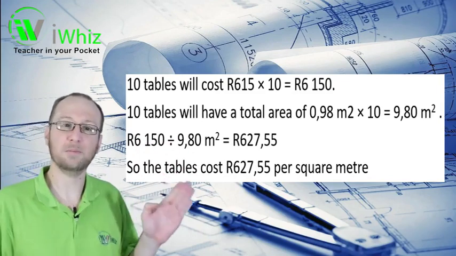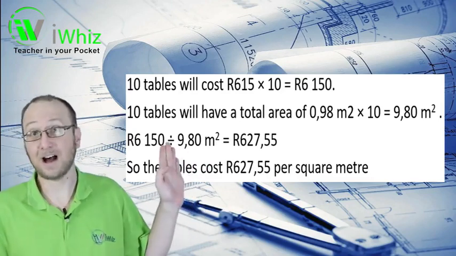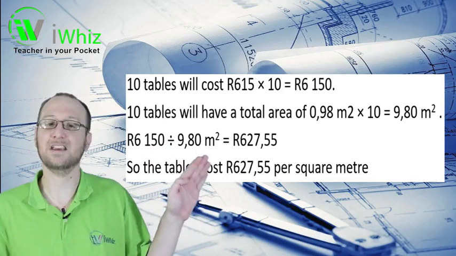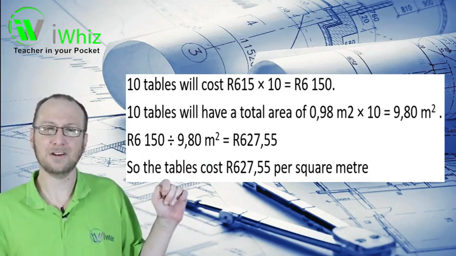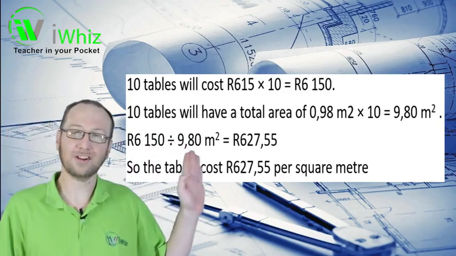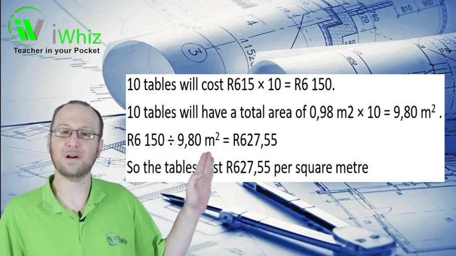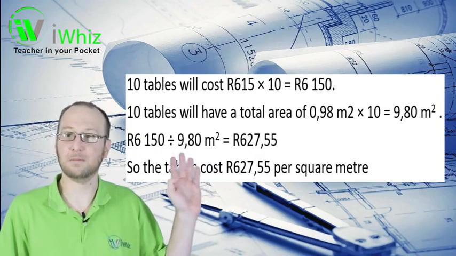So to work out per meter, we're going to go 6,150 Rand divided by 9.8 meters squared, and we find out that it costs 627 Rand and 55 cents per square meter for these tables.